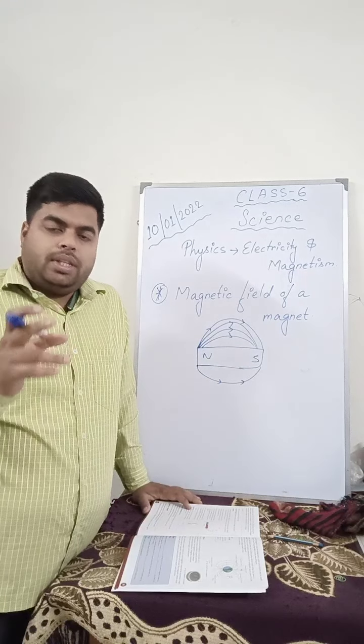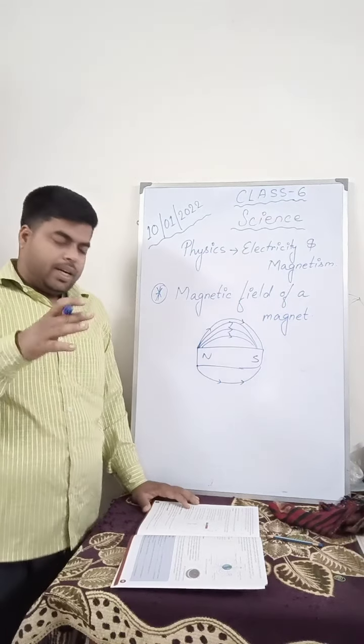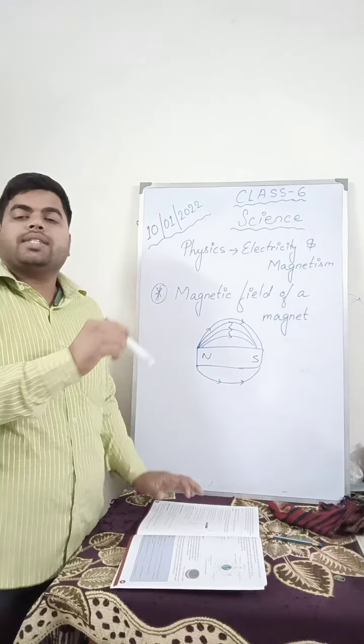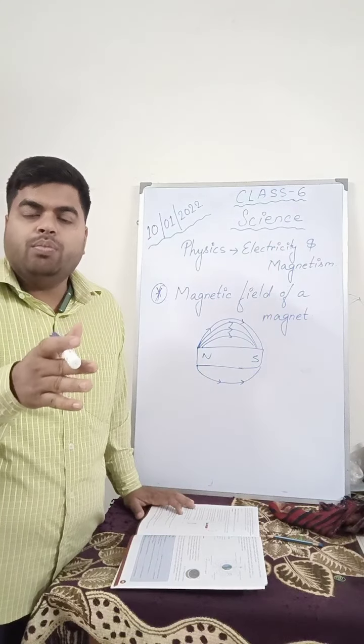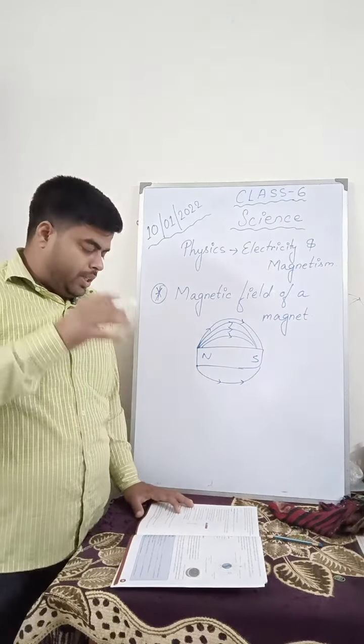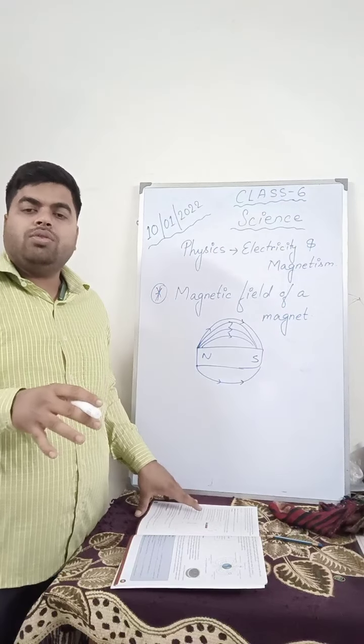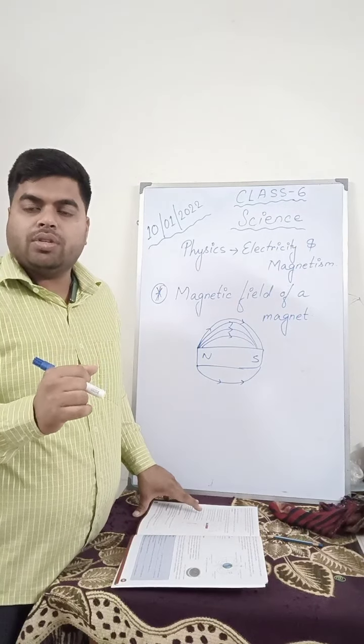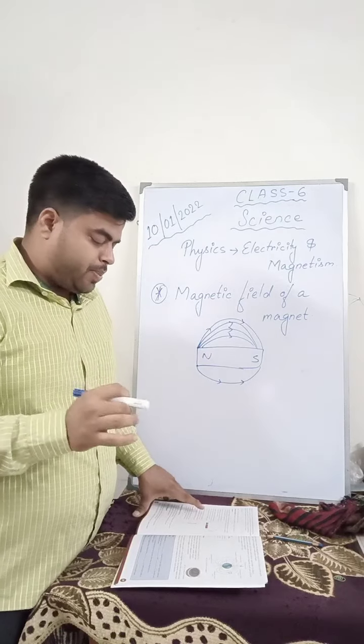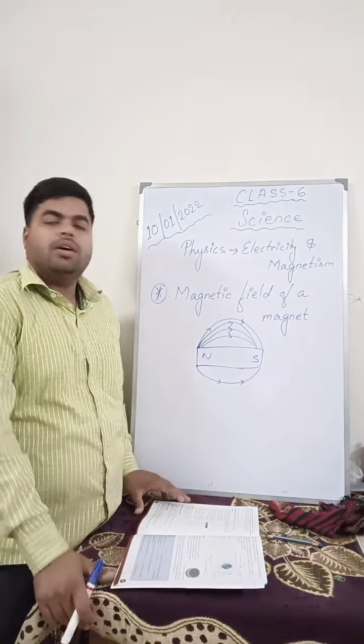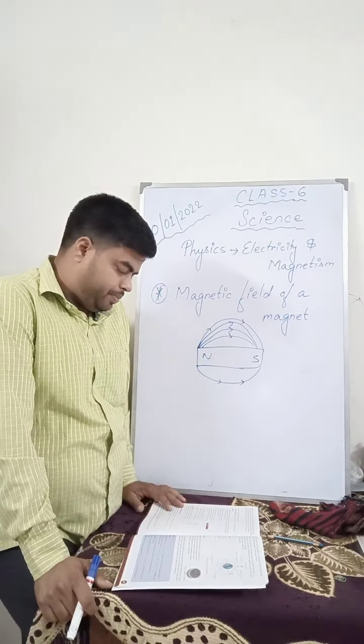The direction of the magnetic field lines tells you which side the magnetic force moves, and it is shown by the moving of the magnetic compass.